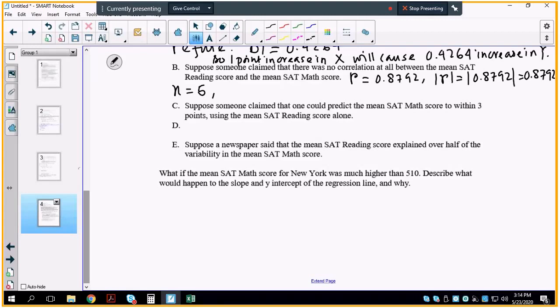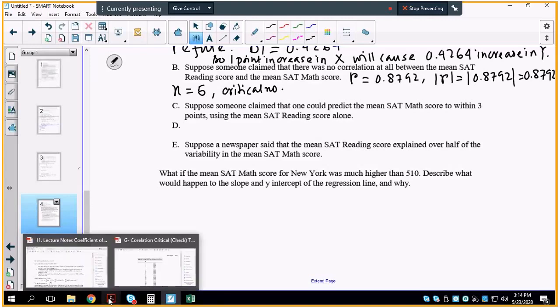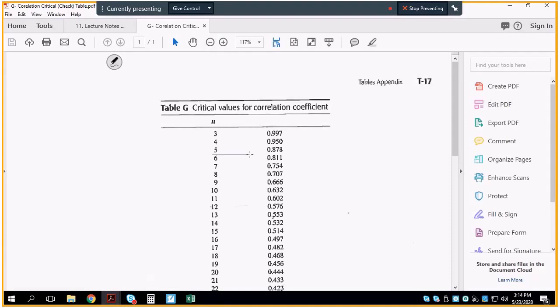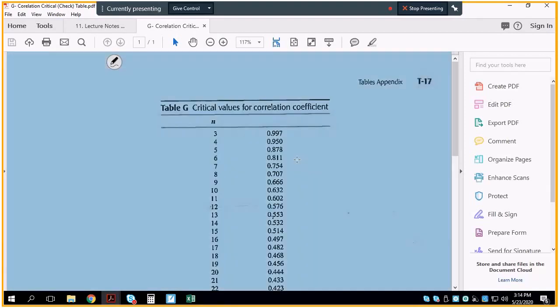Then go to our critical check table and find the critical number for this sample size. Our correlation must be greater than the critical number. So let's go to the critical check table. Sample size 5 means the critical check value is 0.878.